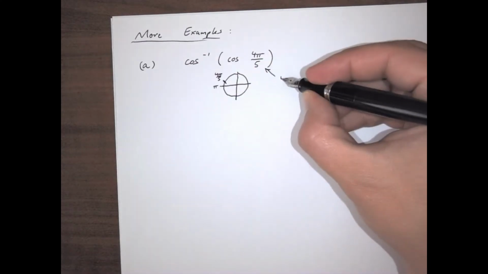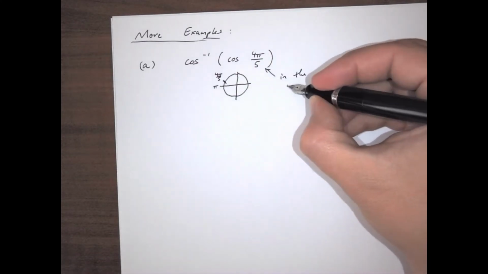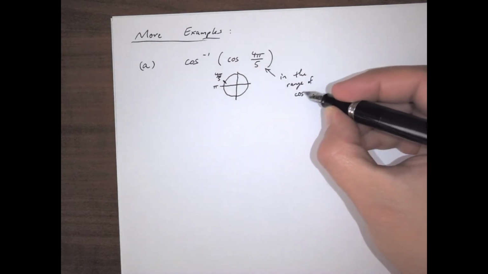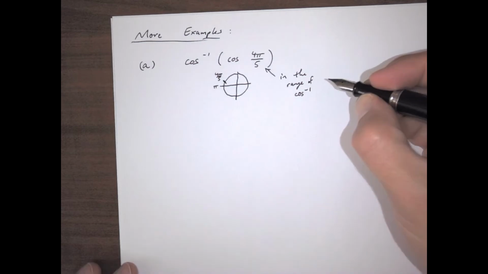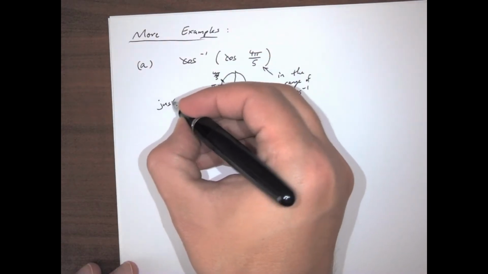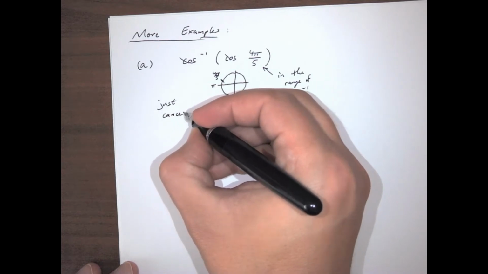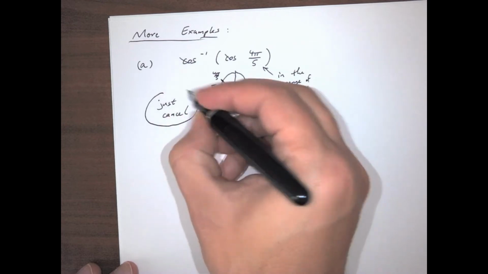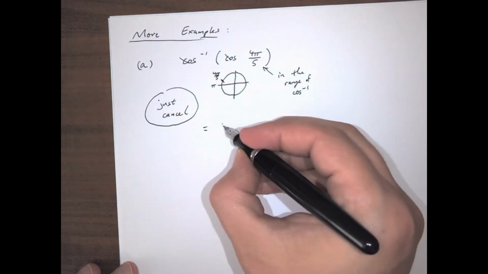So this is in the range of inverse cosine. And so that means that these just cancel. This is like the ideal case. So this just equals 4 pi over 5.